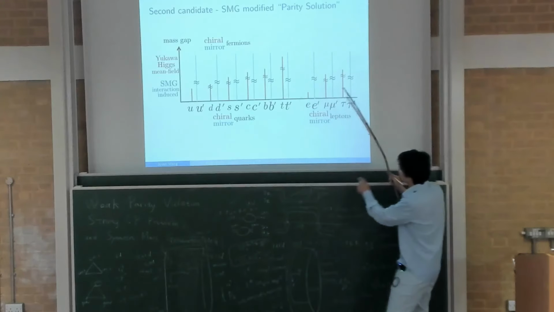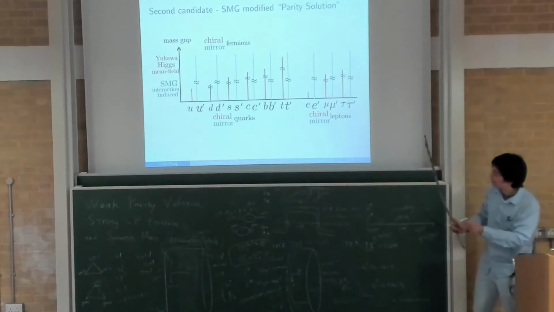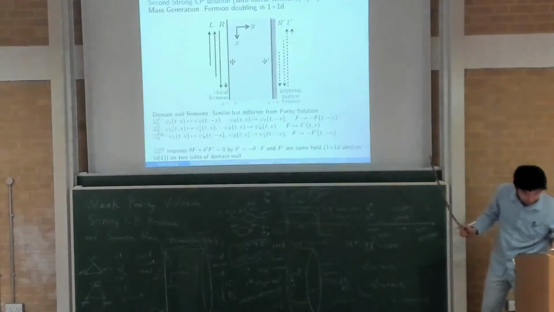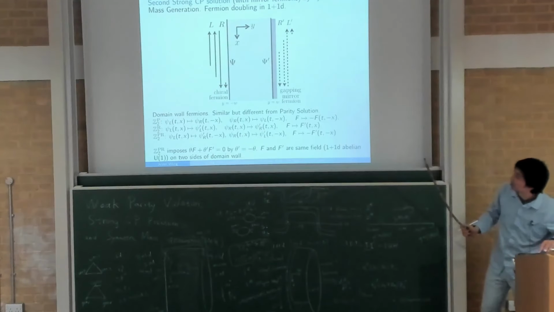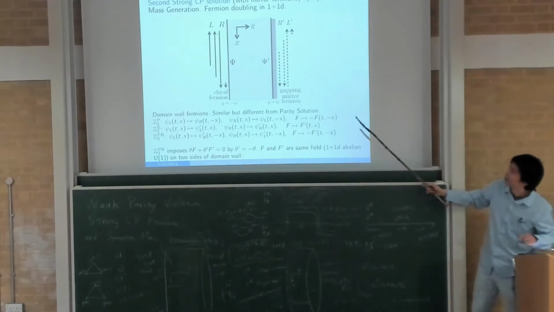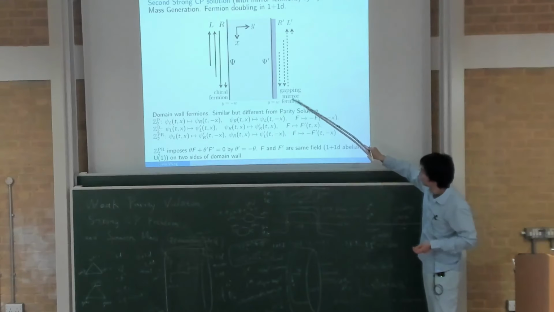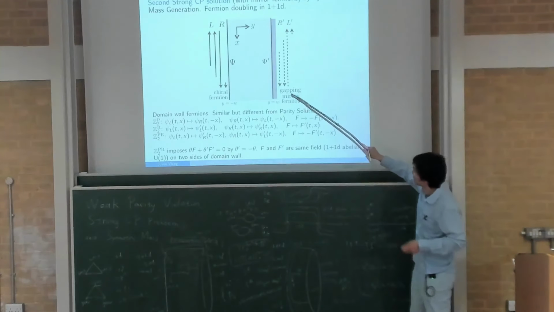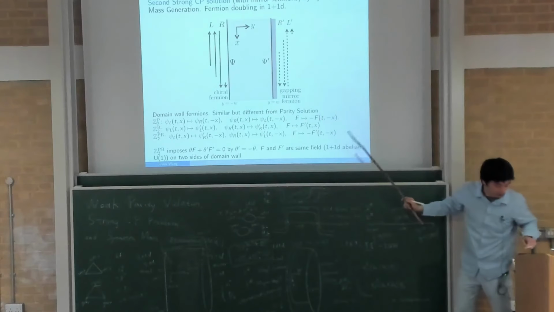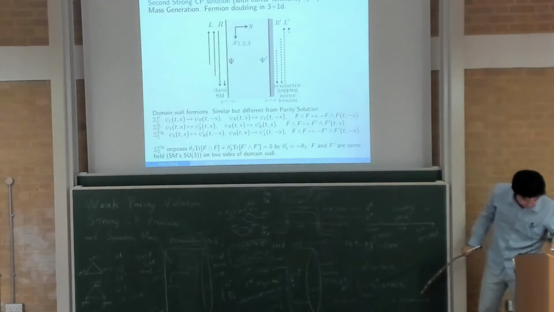Then in that case, I can disorder the complex phase of the mass matrix on the mirror side and hide away the theta term. So that's how this parity solution can relate. The weak parity violation, viewed from the SMG point of view, can combine with the issue of strong CP. So we can rotate the theta on the mirror fermion side.